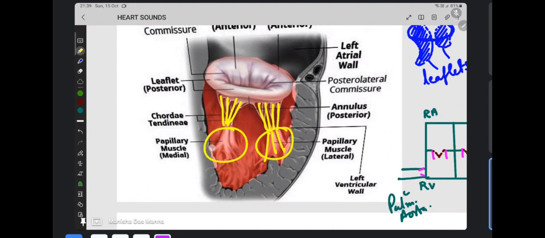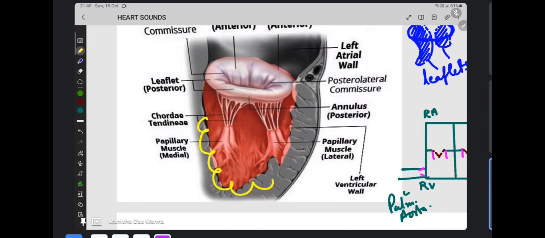Now what happens when the ventricle starts contracting? The ventricular mass starts contracting. That means ventricular systole has started.